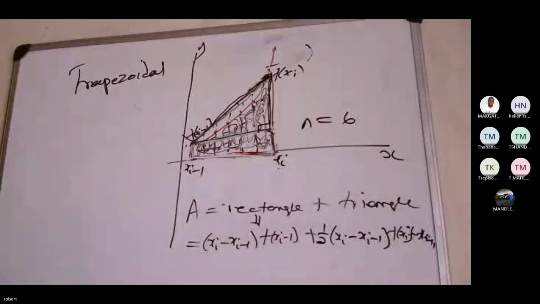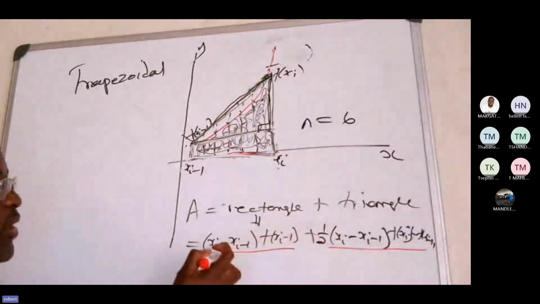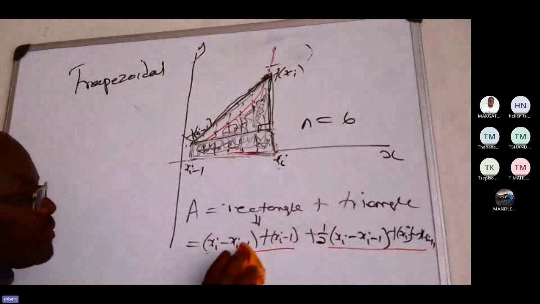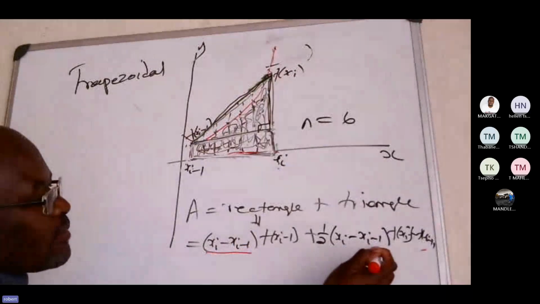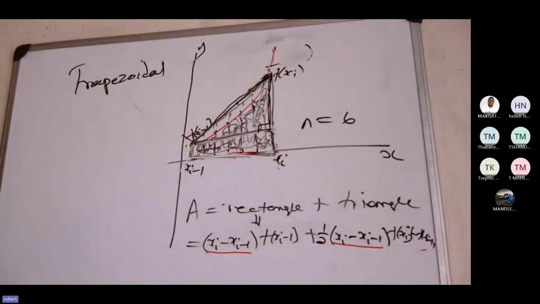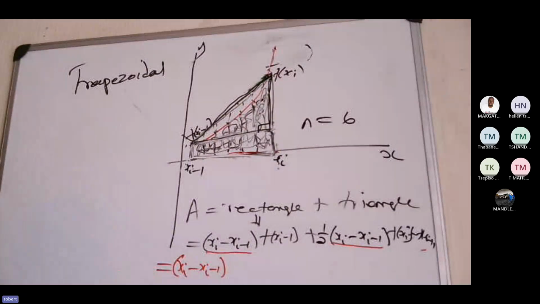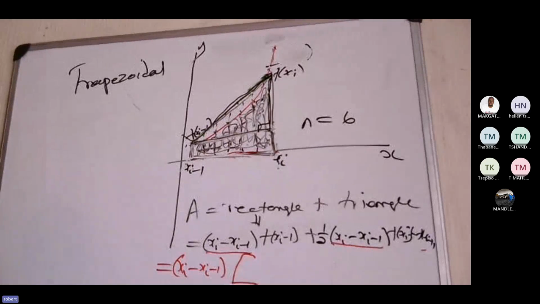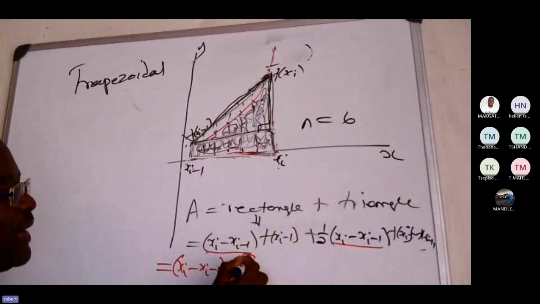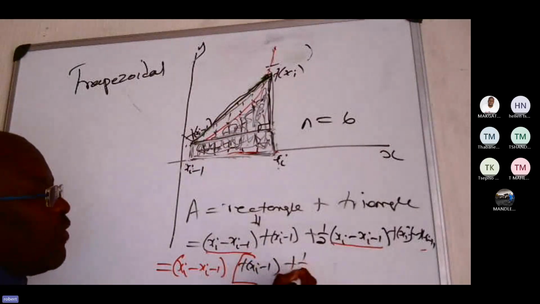Yes, it does. From here, then, you have got this half, but now you can see that this is a common factor. You can take it out. Then it becomes xi minus xi minus 1 in brackets, f of xi minus 1 plus half of what?